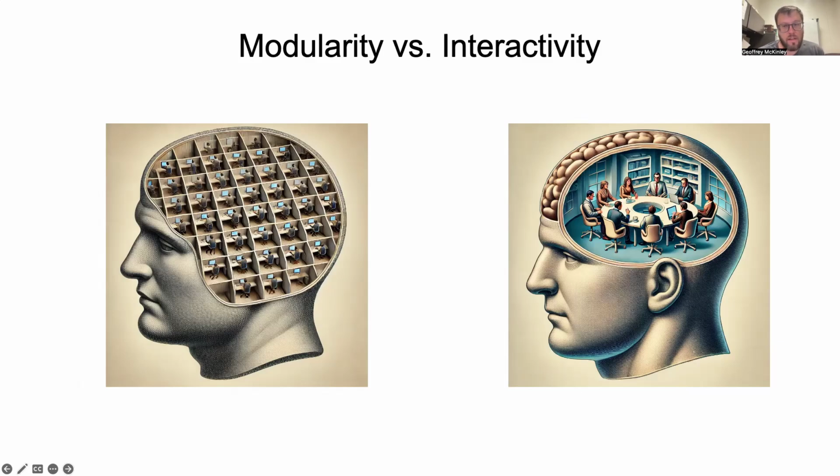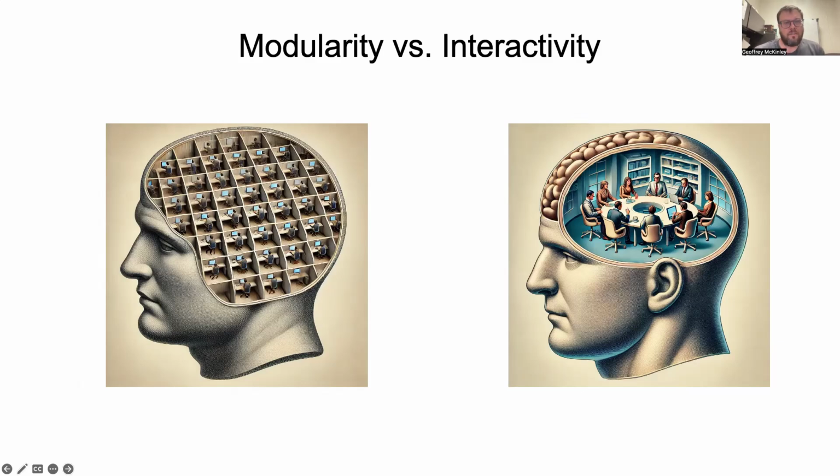Then there'd be a separate process that would retrieve the lexical word dog, and then a separate component for selecting the sounds that constitute the word dog. So duh, aw, and g. Importantly, though, if this were modular, it would assume that none of these modules communicate or help each other in any way. They just do their own little thing. So each module is responsible for its own product, and only once it's finished would it relay that output.